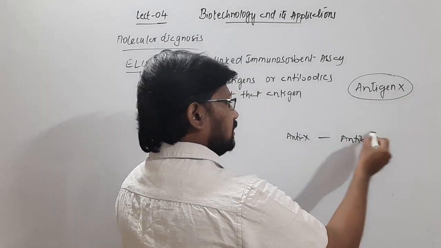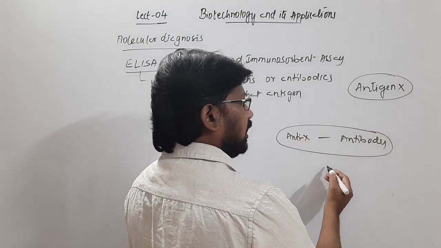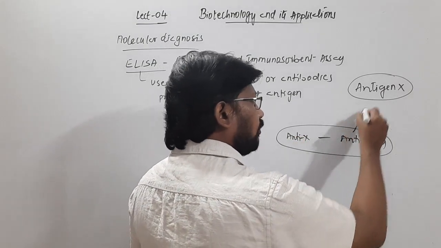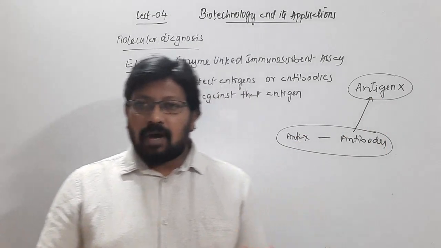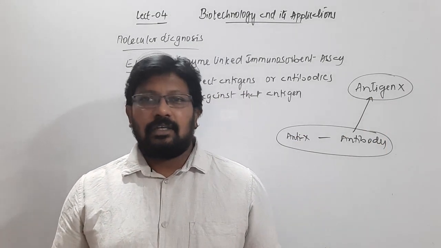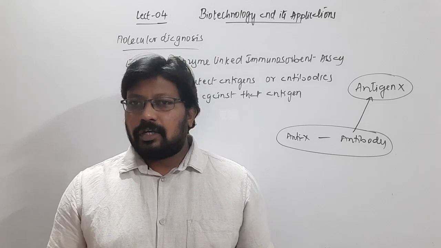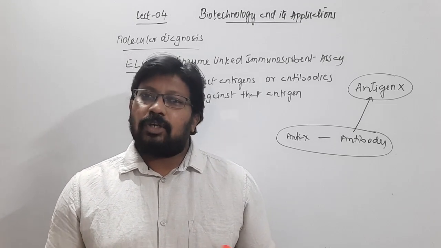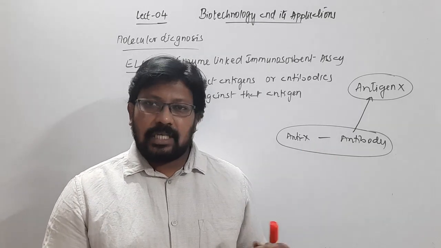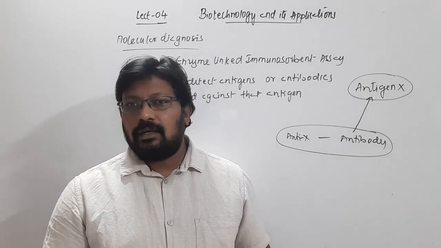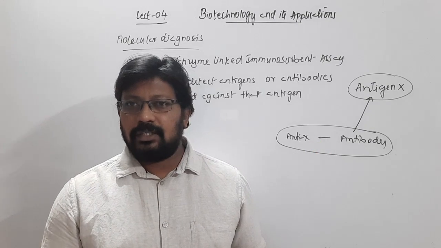It means that this anti-X antibody will detect only this antigen X. If antigen Y or antigen Z is present, it will not detect them at all. It never bothers about that. So that's what we say antibodies are very much specific.